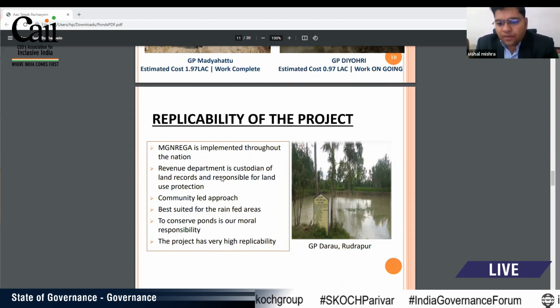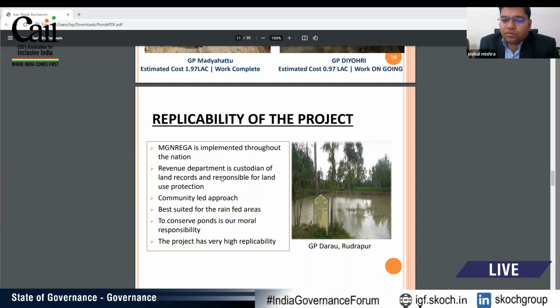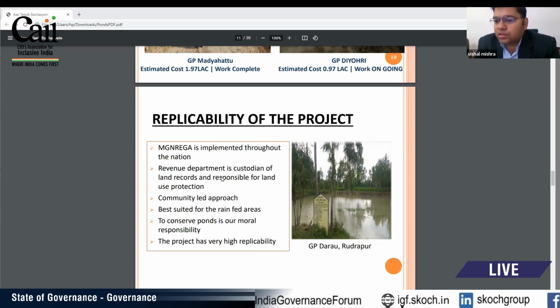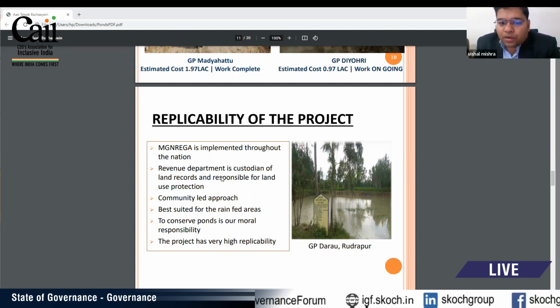We have achieved whatever we have through this strategy only, because the subdivision magistrate is better equipped with the land records, but the block development officers are not very much aware of how these land records are to be used or understood. So close cooperation is very important between all the departments.